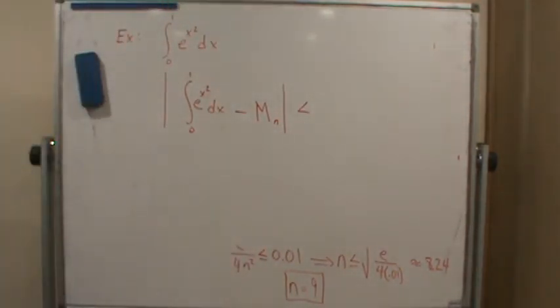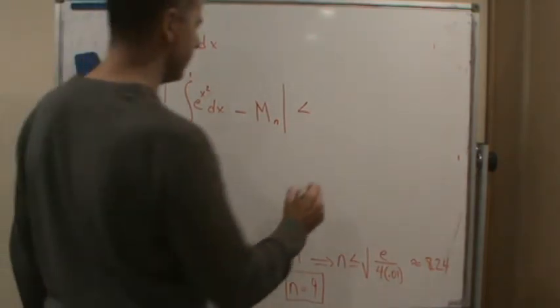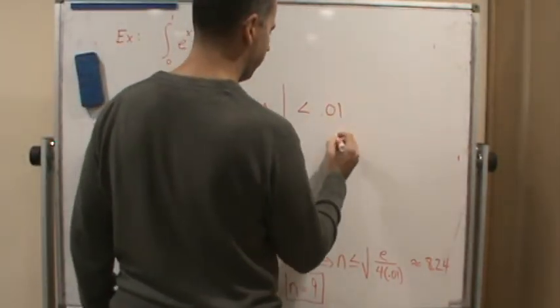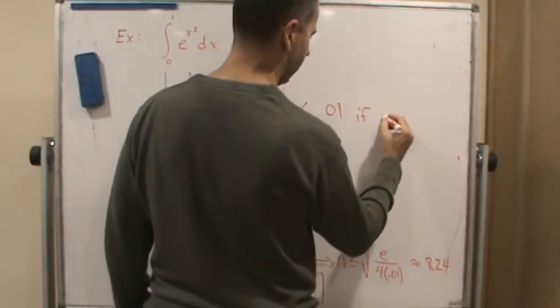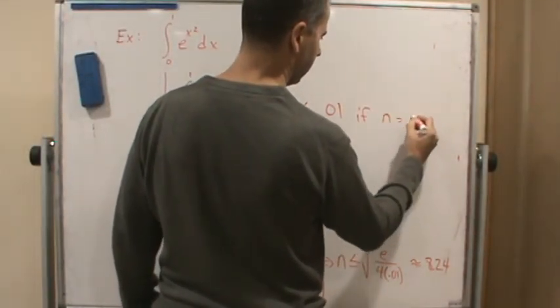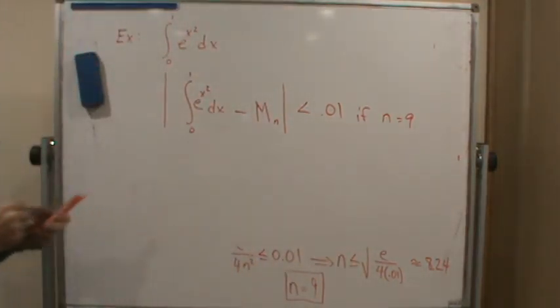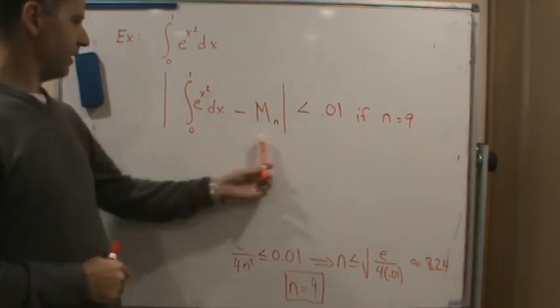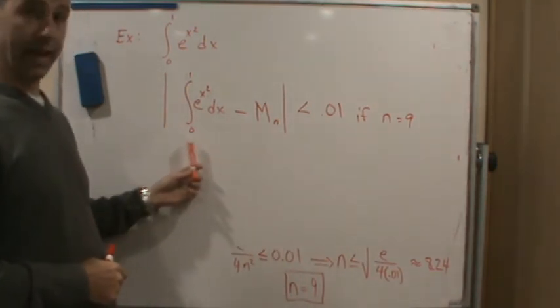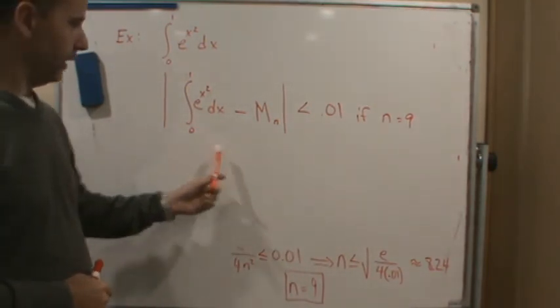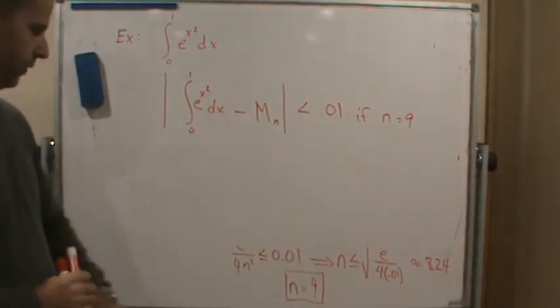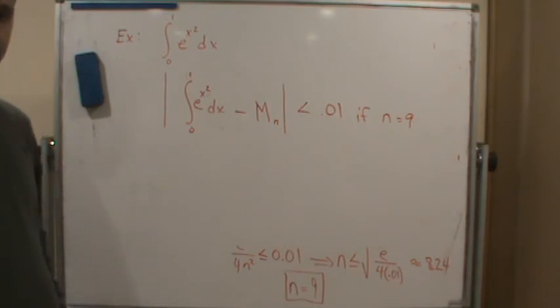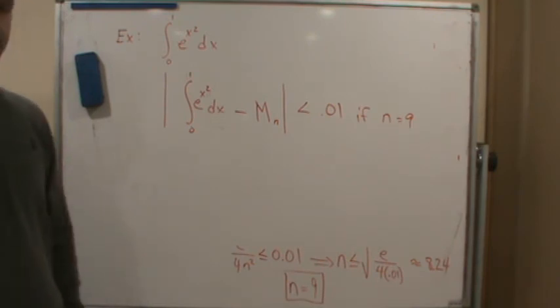Do we want to use less than? Yeah, in this case, less than 0.01, if n equals 9. So we know that this difference, our absolute error, is less than 0.01 if n is equal to 9. That's what we get down here. And that's it.